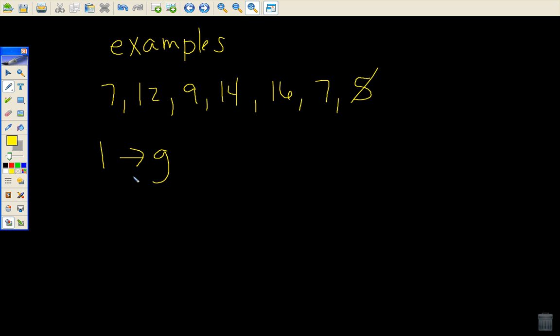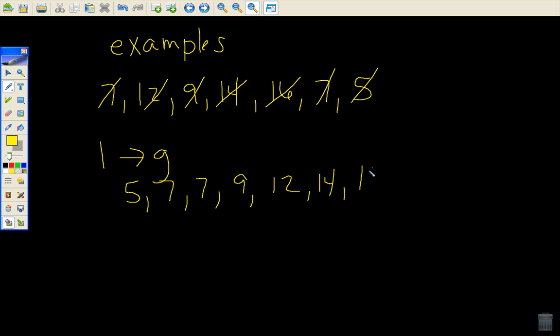So I see 5 as the least, then I see a 7, I see another 7, so I have to put it down, I see a 9, 12, 14, and 16. So then I look through my list and I look for the number that I see the most. I see 7 2 different times, and all the other numbers just once, so my mode is in fact 7.